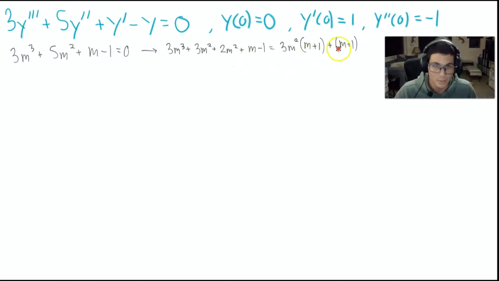So if we just think real quick, okay, there's 2m^2 here. So the next thing has to be a 2m^2. Now we have to think, but there's an m here. It's just one m.